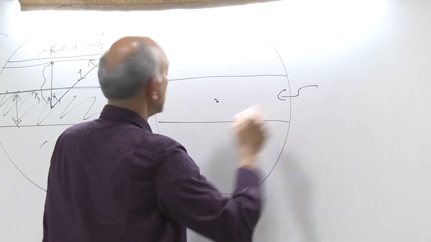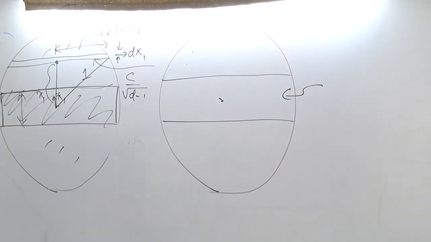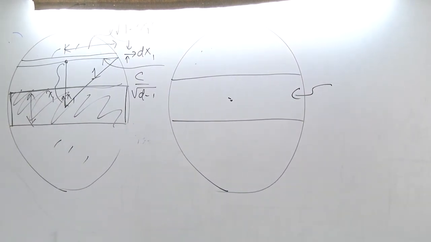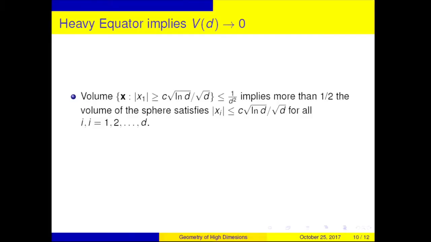So we proved that if I put here c times root log d, in the last slide I had only a c, now I'm putting a c times root log d. I had a root d minus 1, but almost the same as root d. Then the volume was e to the minus this squared.